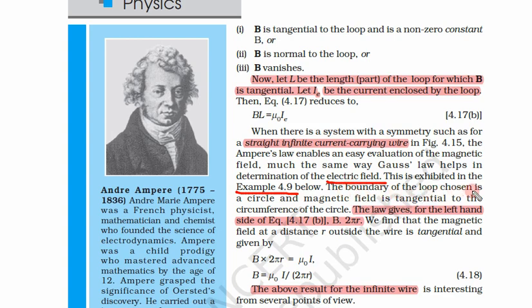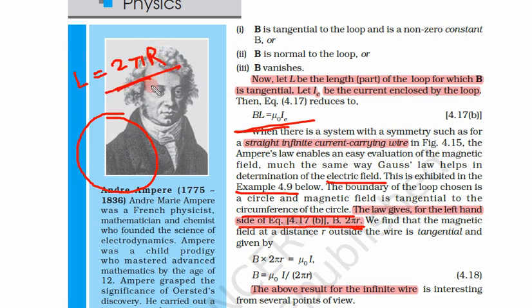The boundary of the loop chosen is a circle and the magnetic field is tangential to the circumference of the circle, that we will also see once we move to that example. The law gives us the left hand side of equation 4.17b to be B into 2 pi r, because for circle this L is equal to circumference, which is 2 pi r.